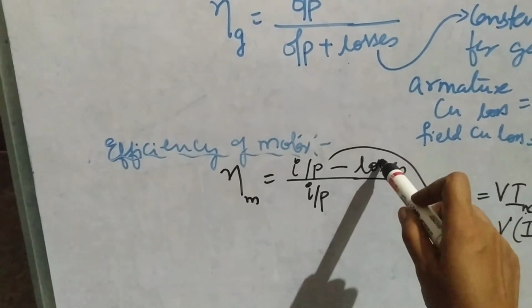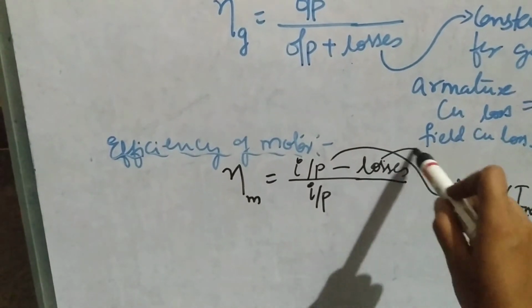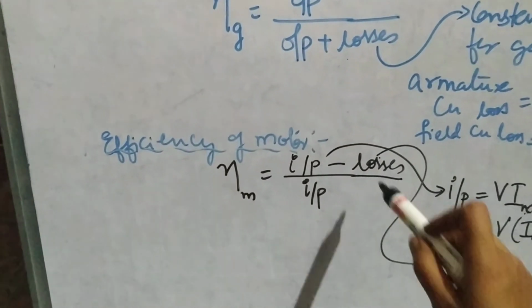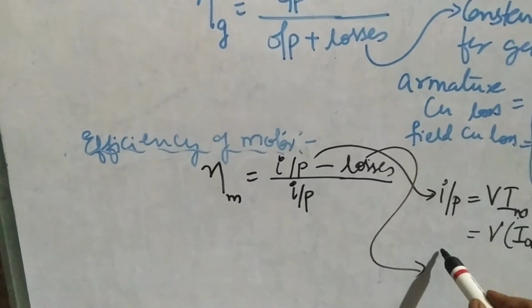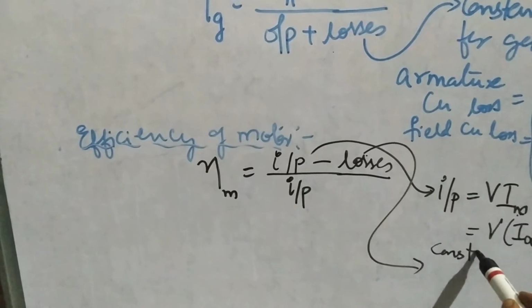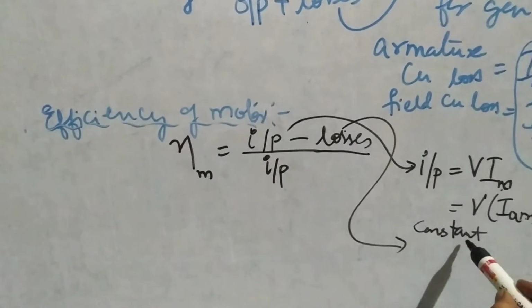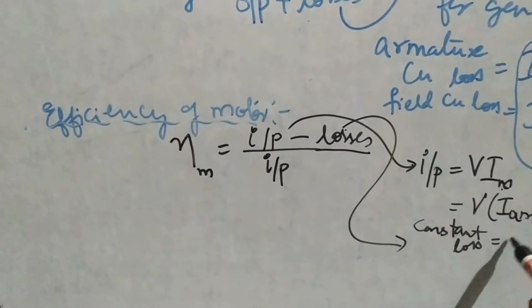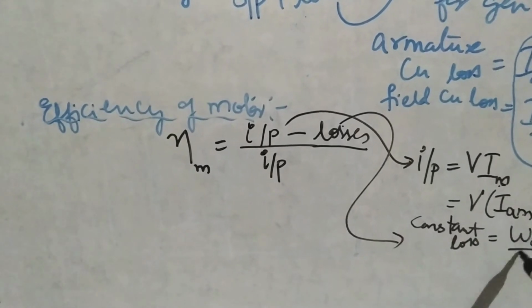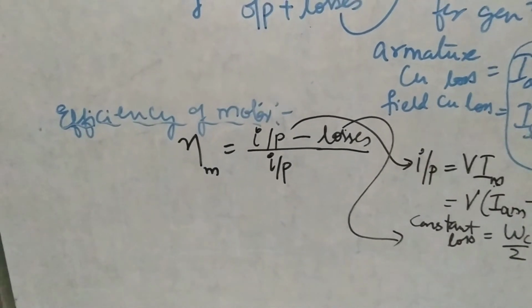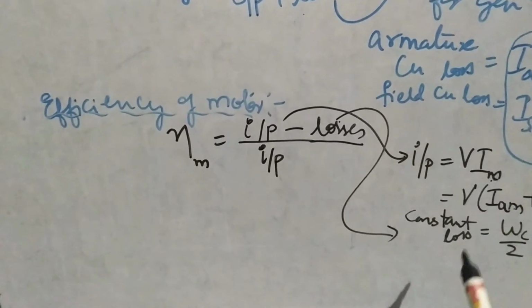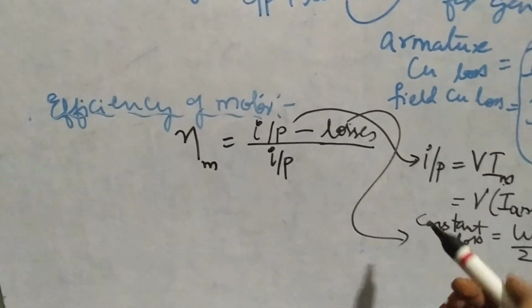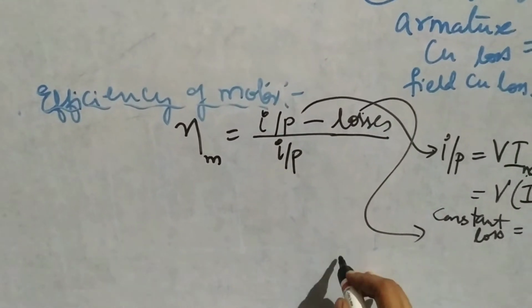Then what about the output? Similarly to what you expressed here, the losses. The losses means you have to again include the constant loss. What is that constant loss we calculated here? Constant loss, that is WC divided by 2, the constant loss for the motor as well. Then similarly we have to include the variable loss. What are the variable loss?